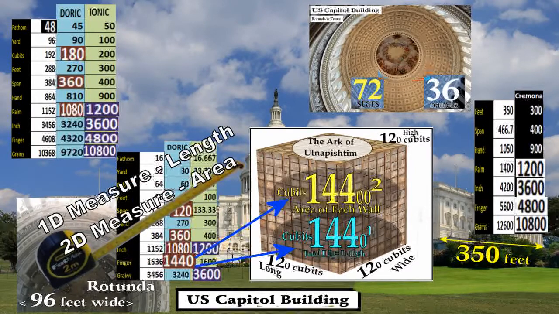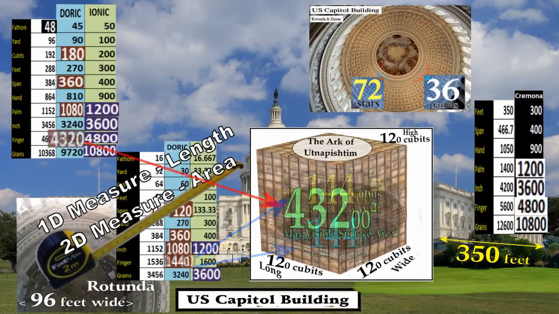Now, 1440: not only do we have the combined edge length, 144, but also the area. So we've gone from a one-dimensional measure of length into a two-dimensional measure of area, and that will also bring us to 432, as in 432 Hertz tuning.